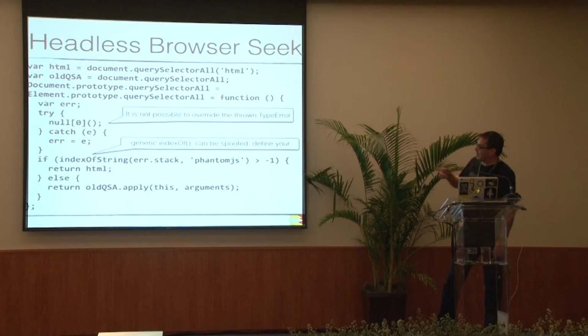So overload it, basically wrap the original querySelectorAll, which we call on the last line, with the detection that we discussed earlier, throwing an exception and searching for the Phantom.js string. Then return something stupid if you detected Phantom.js, and don't return anything stupid if you didn't. It's really going to make that guy's life hard, because it will take him a while to figure out what's happening, why querySelectorAll returns the parent element.